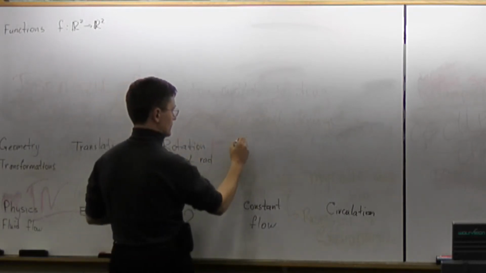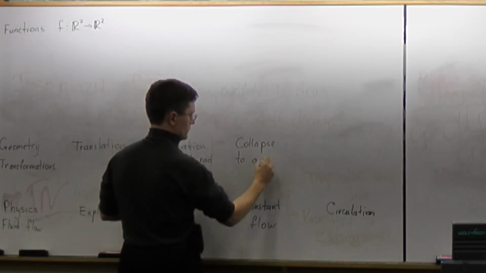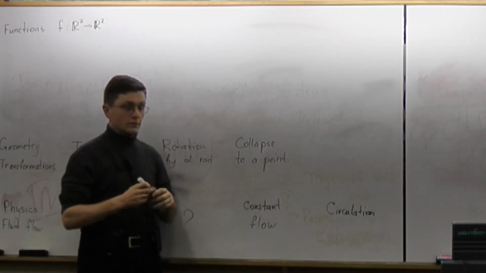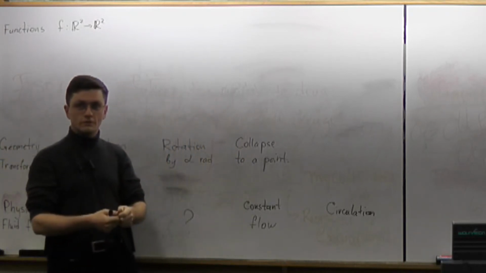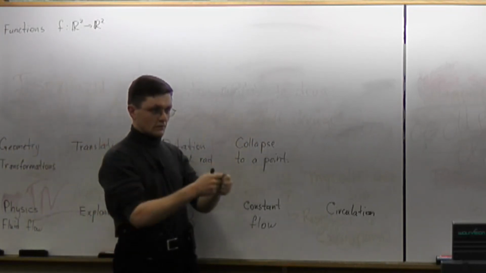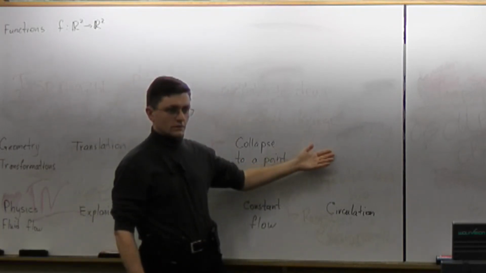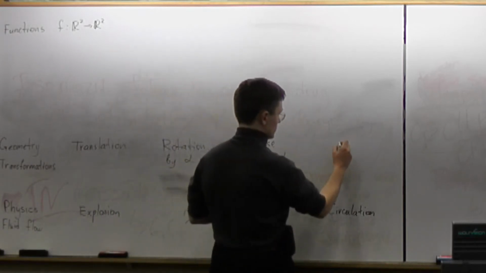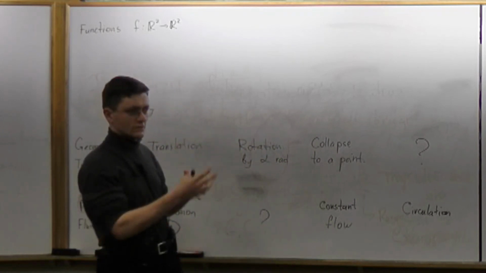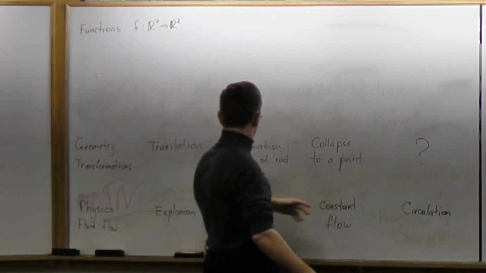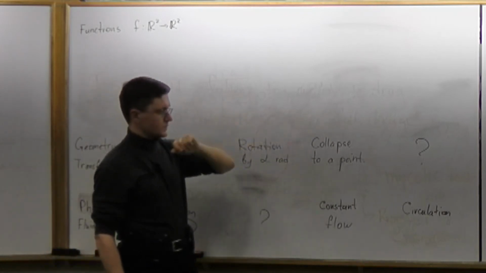That's the transformation. Apparently not a very interesting one. All the shapes become just one point. It doesn't matter what shape it was, it just becomes one point. Circulation becomes something that's not easy to understand. So there was some transformation, but not clearly related to either rotation or translation or collapse. It was definitely not a collapse.